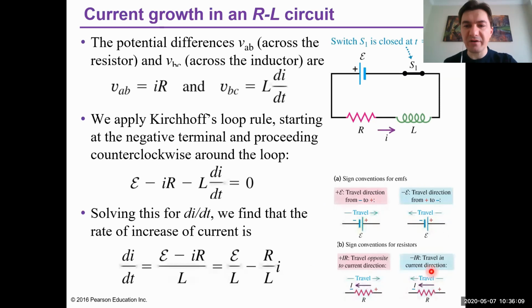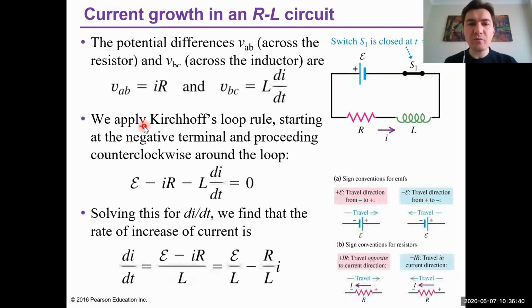They are summarized here. So you can apply rules for the inductor as we have done for the resistors. So now we have EMF here, and we have a resistor here, minus IR. And here we have the inductor, minus L di over dt. And the total potential difference is equal to 0 within that loop, according to Kirchhoff's loop rule.